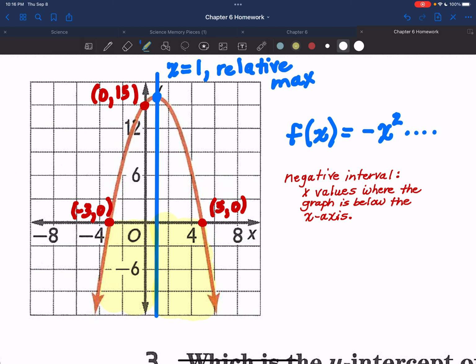So it's not so much that yellow section as it's going to be this section. This line that's coming down and this line that bound that section.